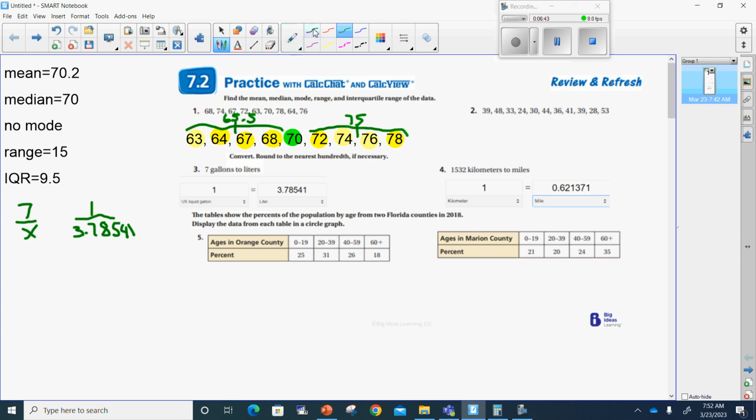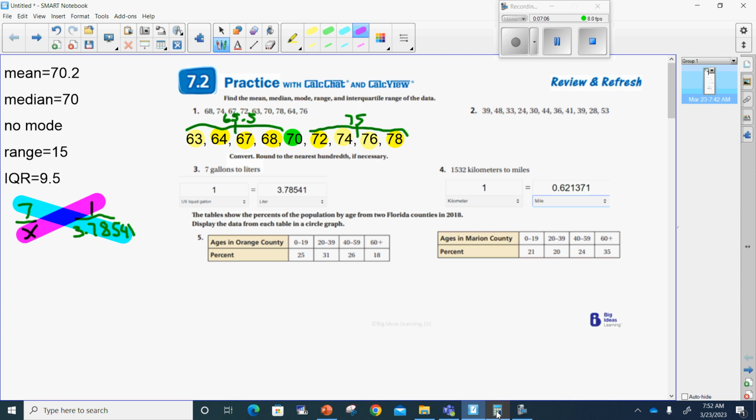So when I cross multiply, I'm going to be taking 7 times 3.78541, and I have to make that equal to x, because when I cross multiply the other way, I get x times 1.